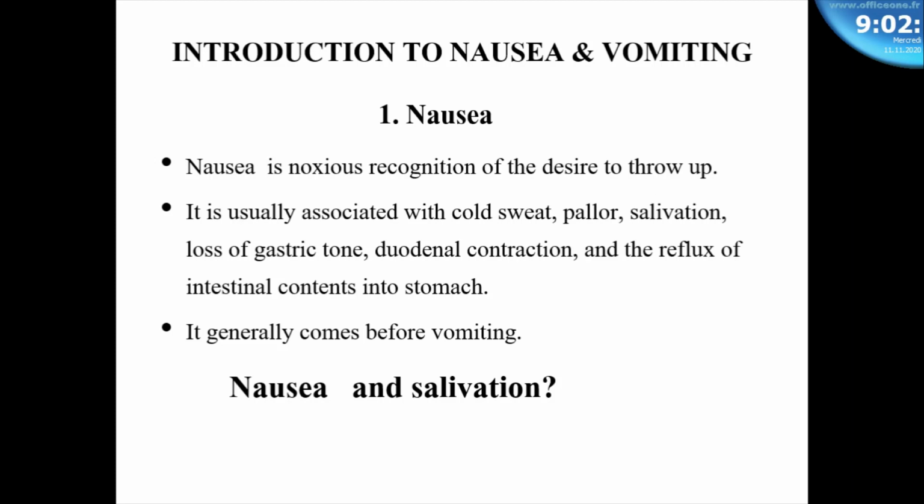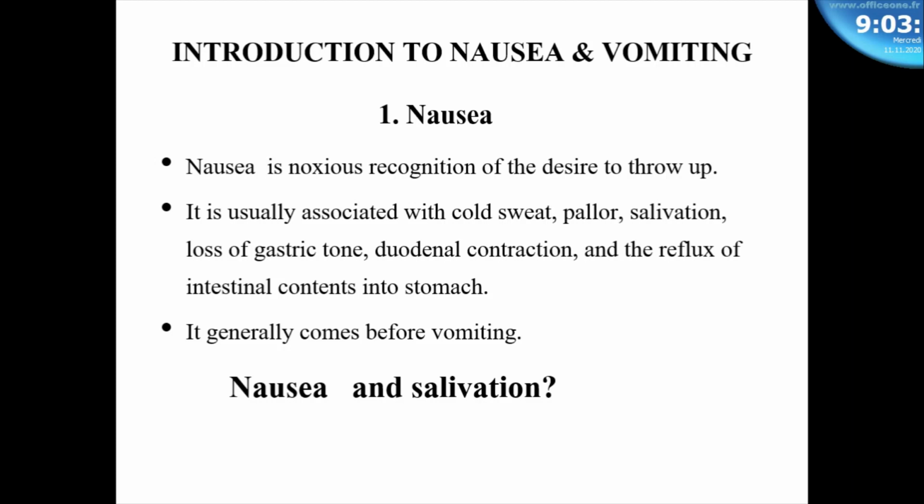This phase always precedes or comes before vomiting. Please don't be confused. To have vomiting, it's not always necessary to have nausea. You can have vomiting without having nausea, the same as you can have nausea without having vomiting.